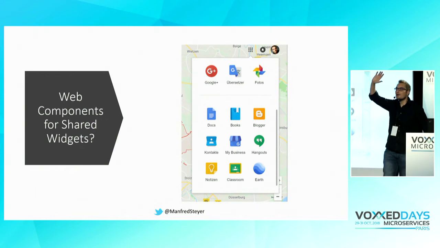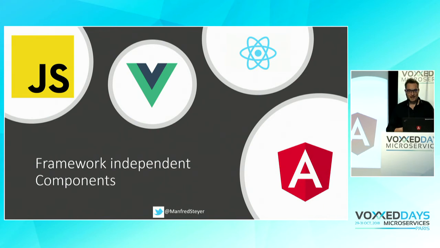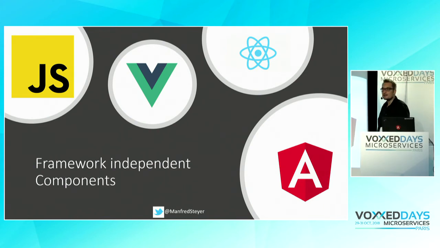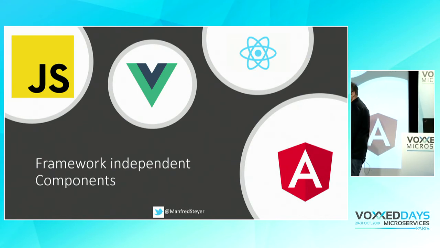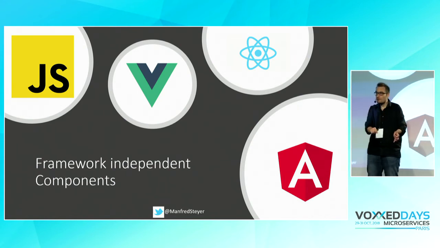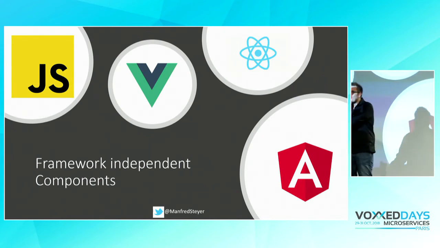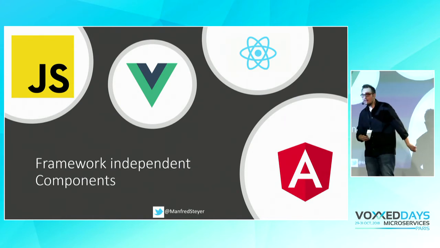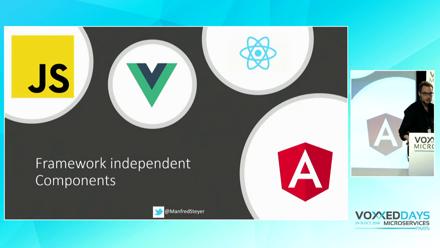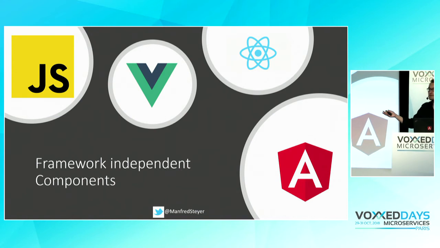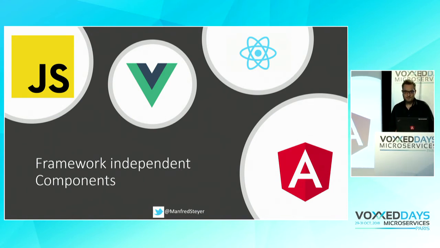Okay, cool, about half. So then you know web components are nothing else than framework-independent components. That means you can write a web component with the first framework or with vanilla JS, and then you can use it together with other frameworks or even with vanilla JS. That means you can write your component once and reuse it anywhere. Somehow this lives up to the promise of Java.